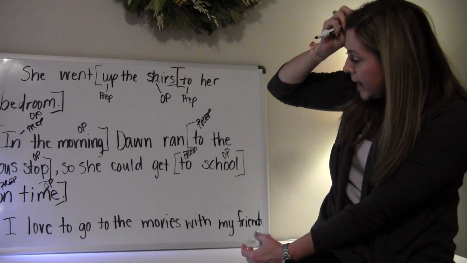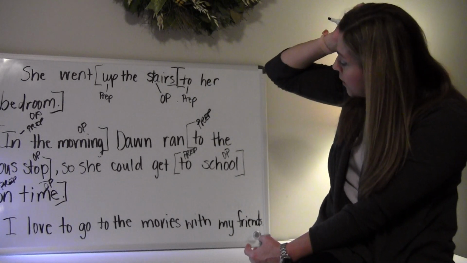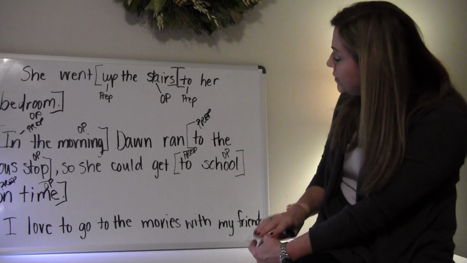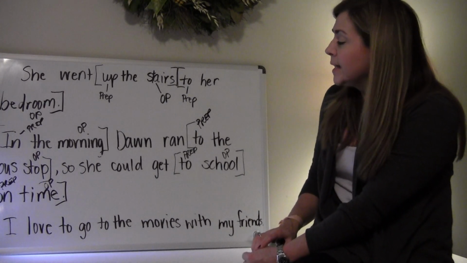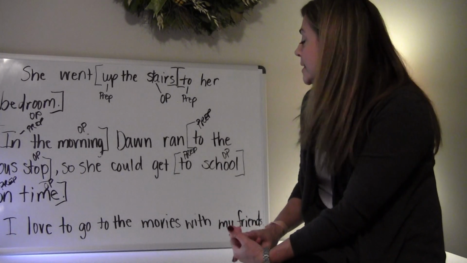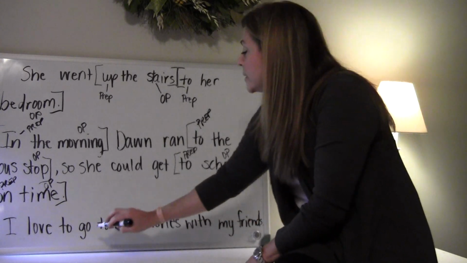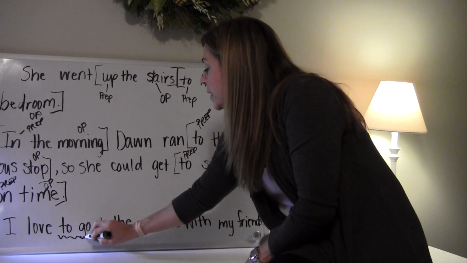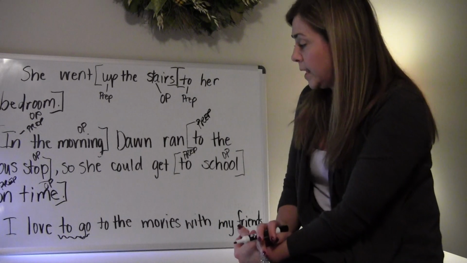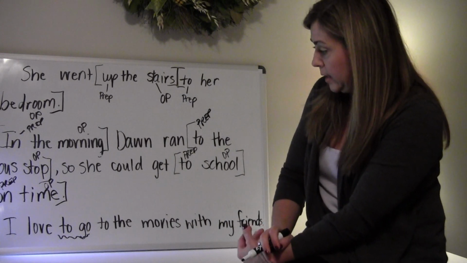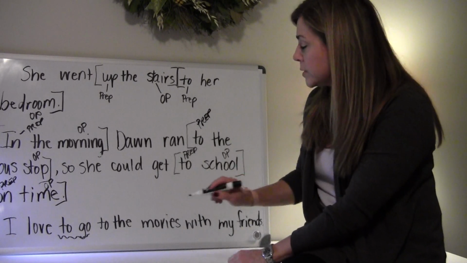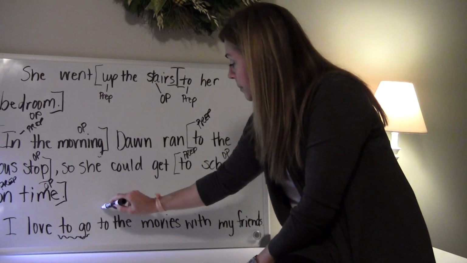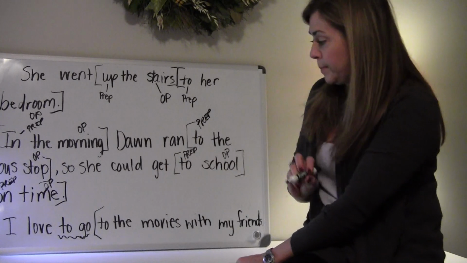All right, let's get to the last sentence, and I'm going to point something out to you. I love to go to the movies with my friends. I see "to" two times in this sentence. But this one time right here, if you've taken a foreign language, you've already seen this. That's an infinitive. We'll talk a lot more about those later on in the year, but it's not a prepositional phrase.